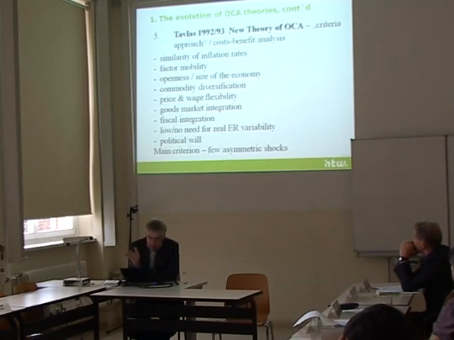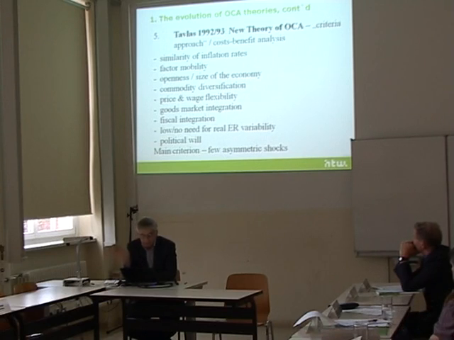Somehow the debate changed into a debate about the currency union, with the background of the European situation. And this is now similarity of inflation rates, factor mobility, openness, diversification, price and wage flexibility, because this would mean, or implies, according to many authors, that exchange rate realignments are less needed if price and wage flexibility exists.